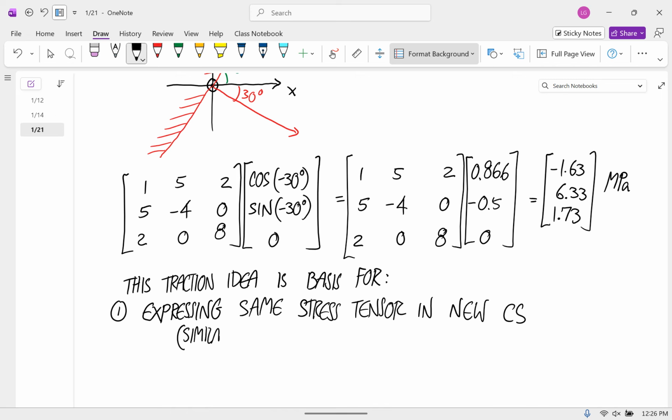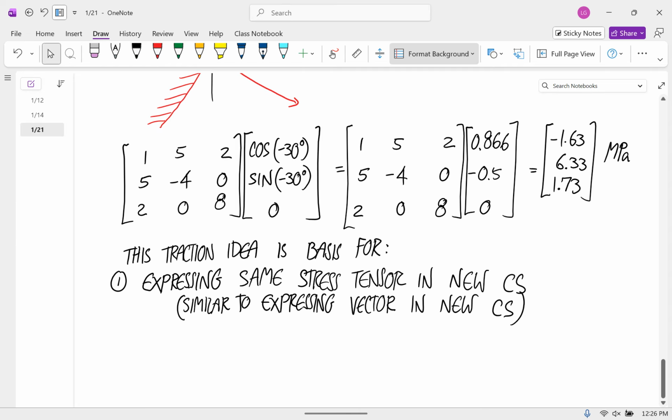Okay, so you can think of this as similar to expressing a vector in a new coordinate system. And then the second thing that this is the basis for is principal stresses.